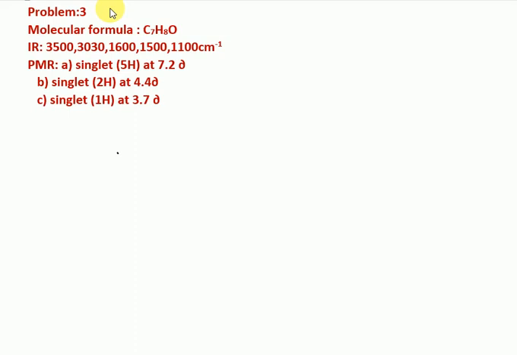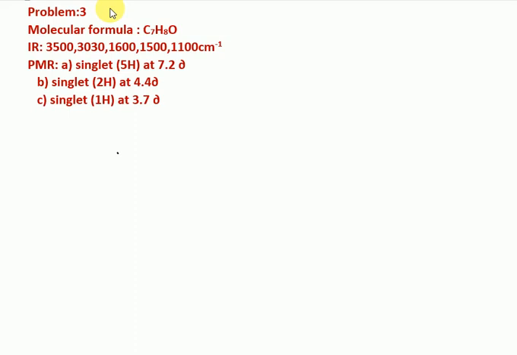First, a singlet for 5 hydrogens at 7.2, which again indicates the presence of a benzene ring. Then a singlet for 2 hydrogens at 4.4 delta value. Then a singlet for 1 hydrogen at 3.7 delta value. So let us solve the given numerical.